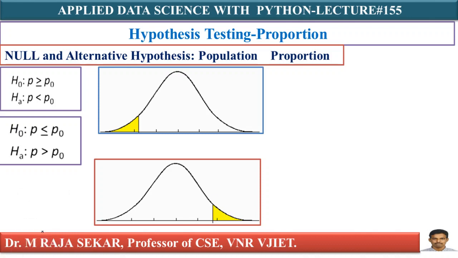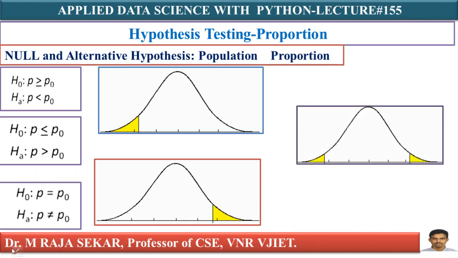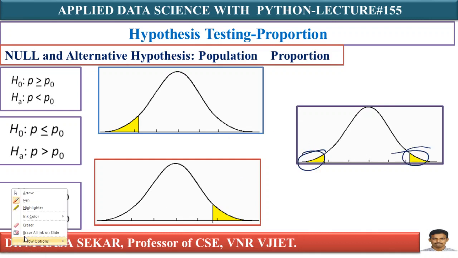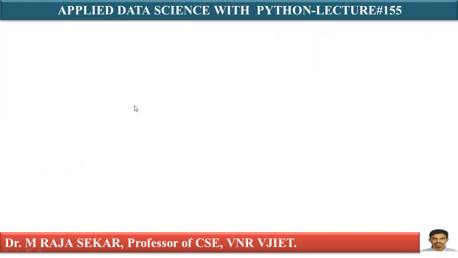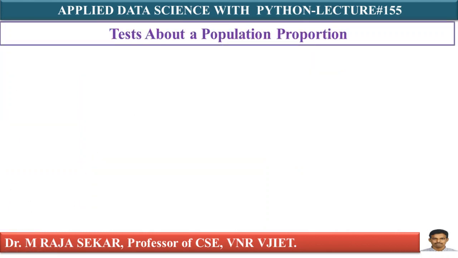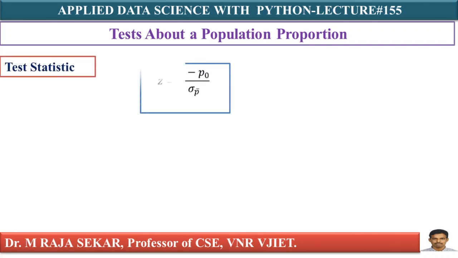If you have a not equal to symbol in the alternative hypothesis, that will be a two tail test, with the critical region on the left side as well as the right side. Depending on the sign in the alternative hypothesis, I can say whether it is a left tail test, right tail test or two tail test.